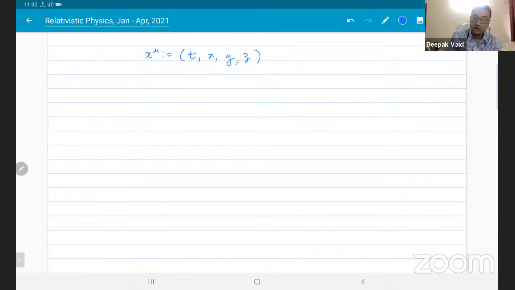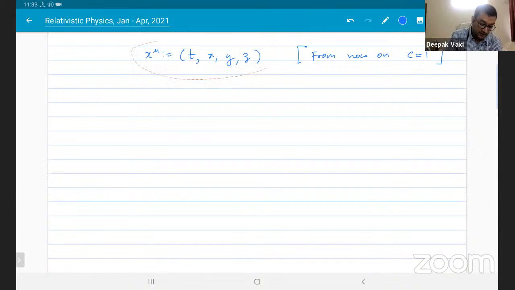And again, from now on, I'm always assuming that c is equal to 1. When we need to do some calculations, we will insert factors of c in the appropriate places. So wherever you see time, for instance, you would have to multiply that time by c.